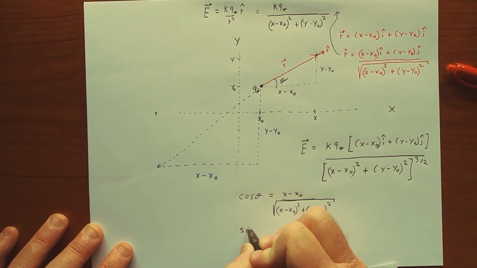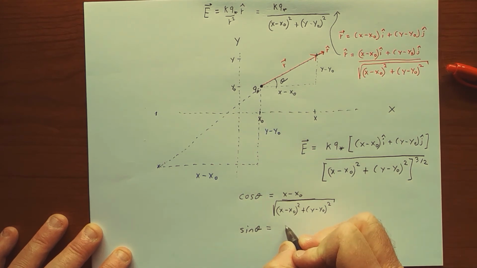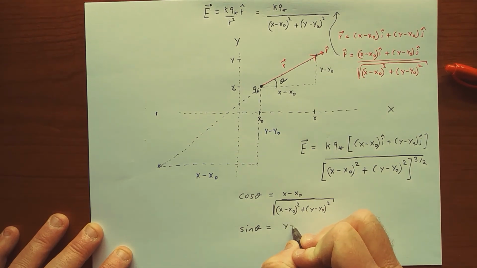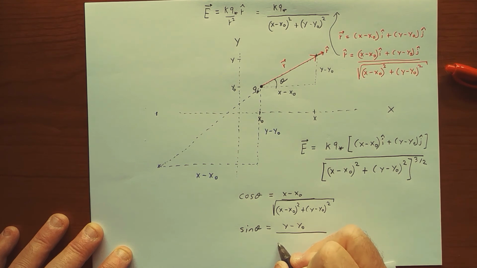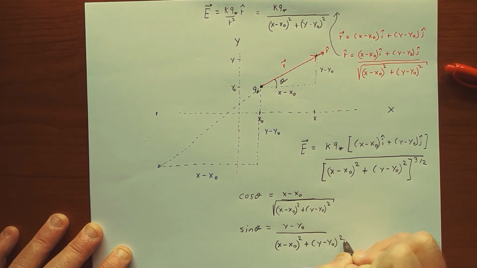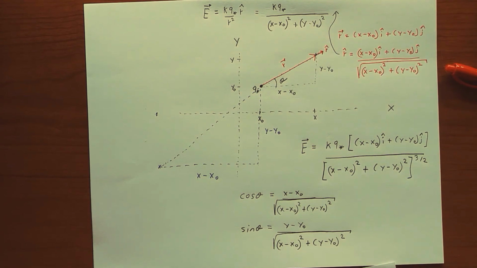And the sine of theta is the opposite over the hypotenuse, but that's y minus y naught over the same thing. So I could actually write this in terms of cosine theta and sine of theta. And we'll stop there.